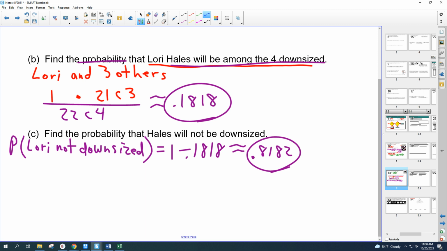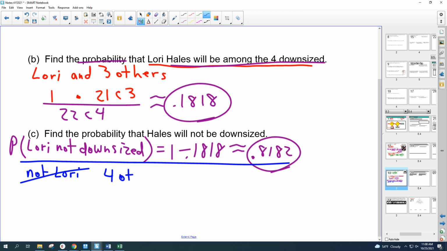But let's think about the direct way. All right. So the direct way, we're trying to pick not Lori. But what that means is we're picking 4 others. Okay. I didn't mean to make that look like a division symbol. That's not divide. Okay. We're picking 4 others. So 4 others out of how many others?